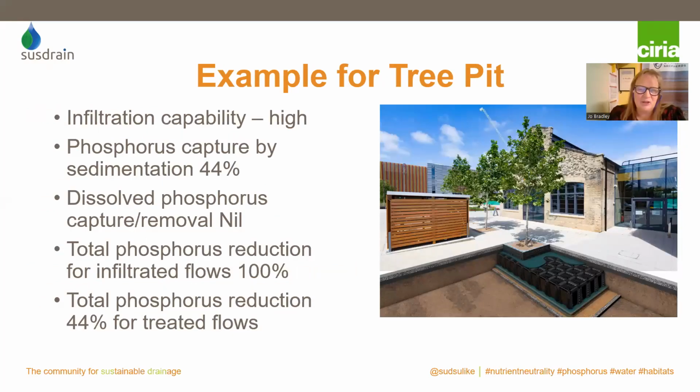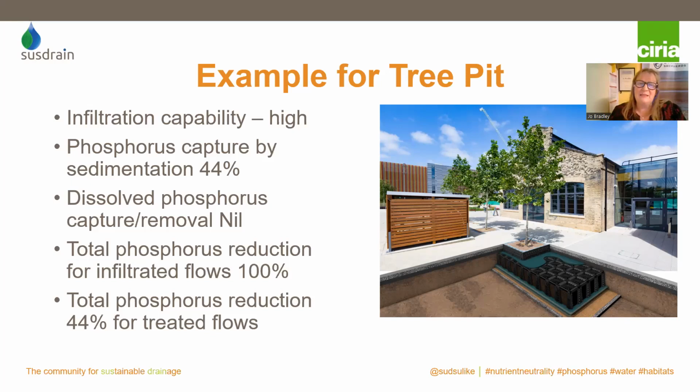And then a second example for a tree pit, and again, same sort of calculation. Infiltration capacity for this is high because tree pits are usually unlined, and therefore you have connectivity between the soil in the tree pit and the subsoil underneath. So the water can infiltrate into the tree pit, but then can also infiltrate into the ground beneath. You've also got evapotranspiration.